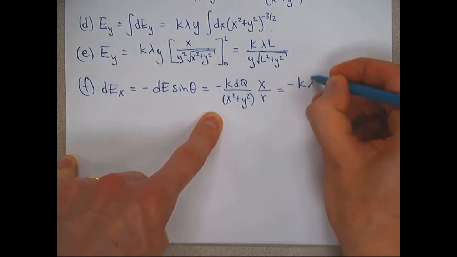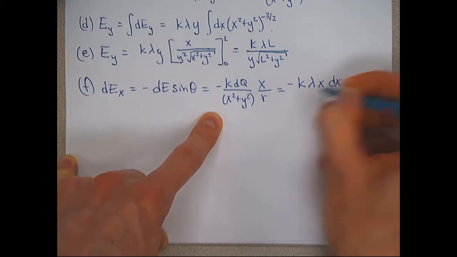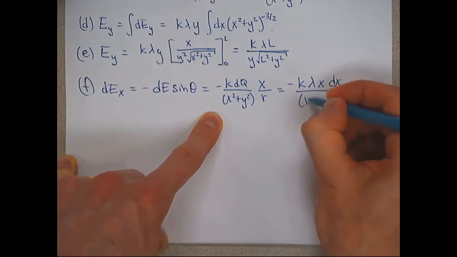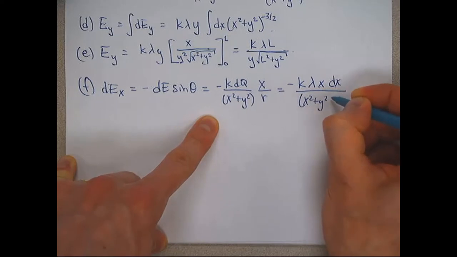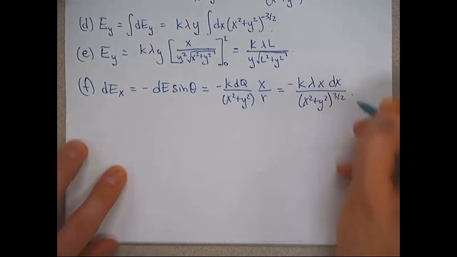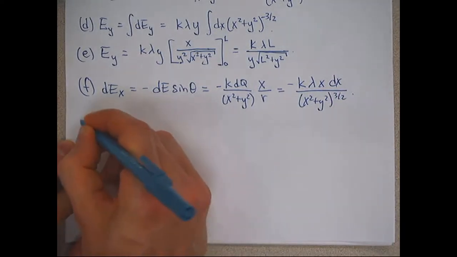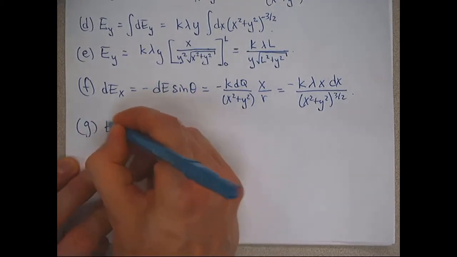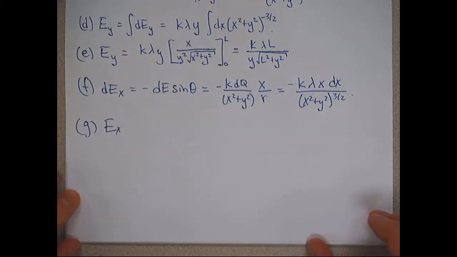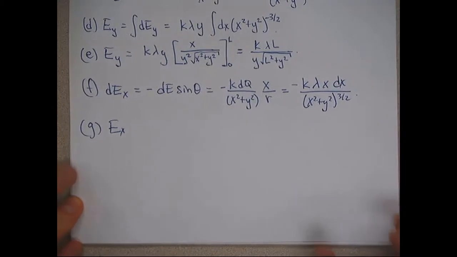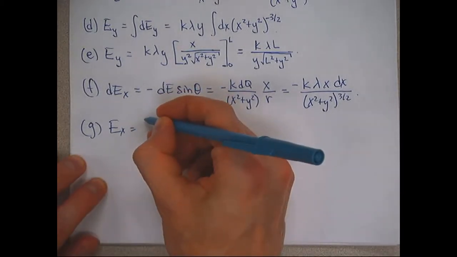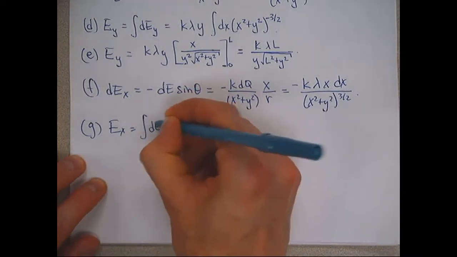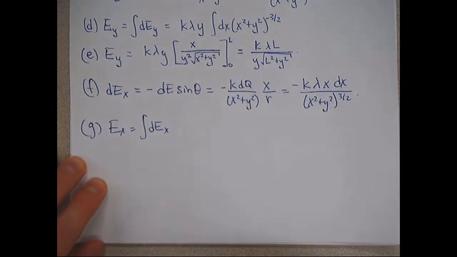So we have minus k lambda x dx on x squared plus y squared to the 3 halves. The full x component of the vector is the integral sum of all of those dEx contributions.